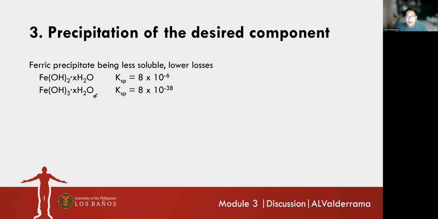As you can remember, we need the compound of interest to be precipitated, and this can only happen if the KSP value of our desired precipitate is very low. So a very low value of KSP is desirable for us. That's why we make use of iron in the form of Fe3+. So this is your Fe3+, this is your Fe2+. So mas mataas yung tendency ni Fe3+ na mag-precipitate rather than Fe2+.